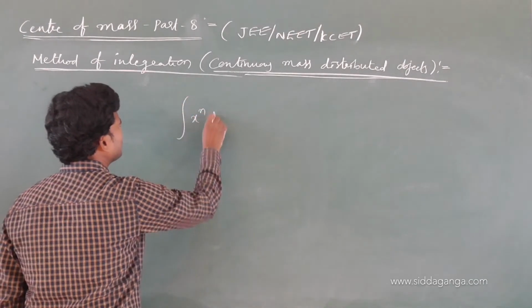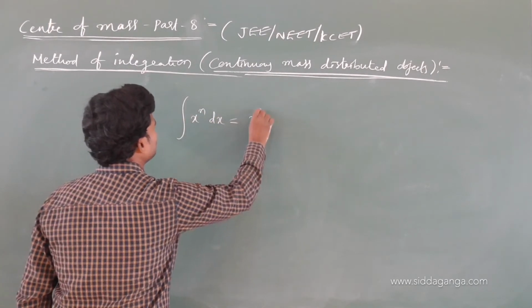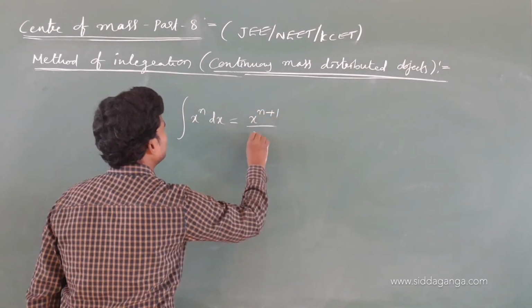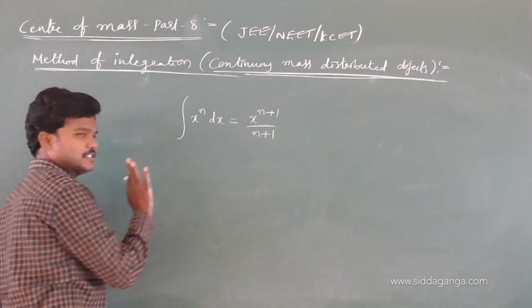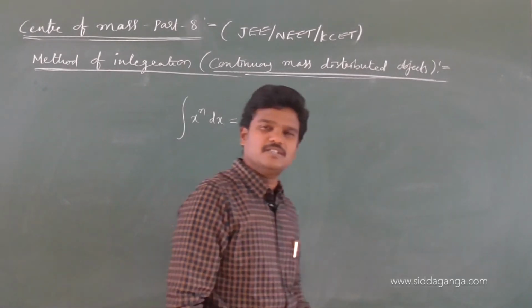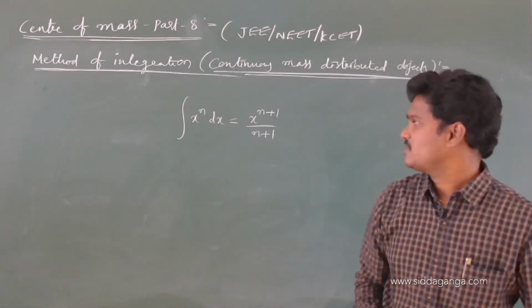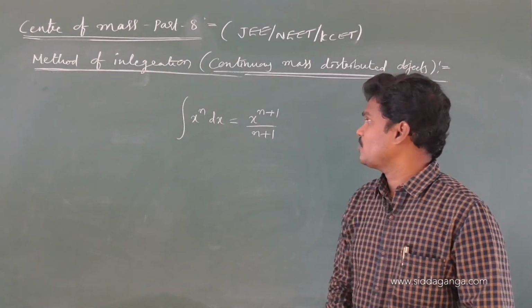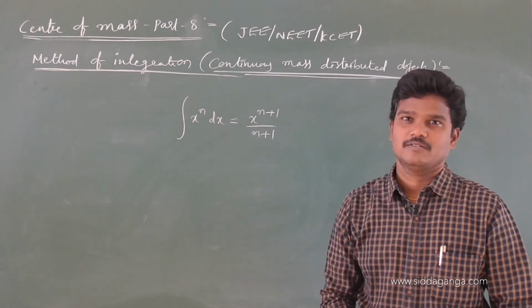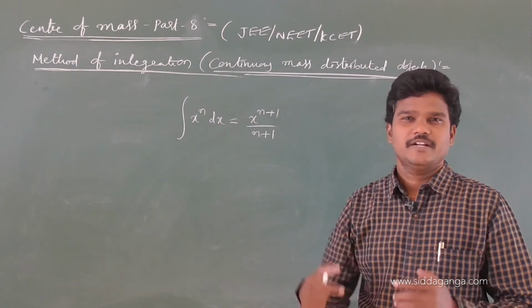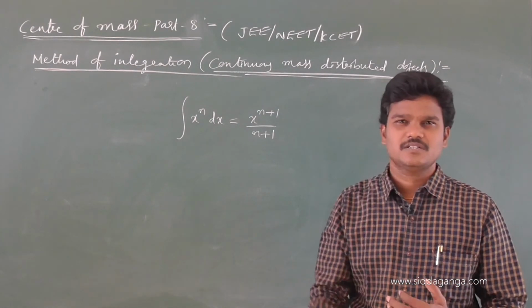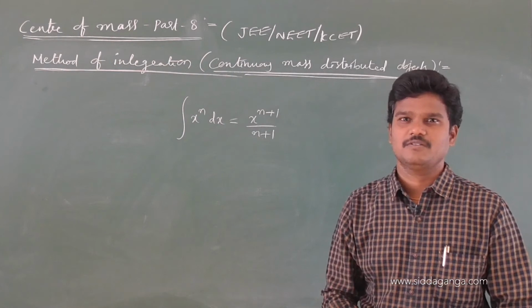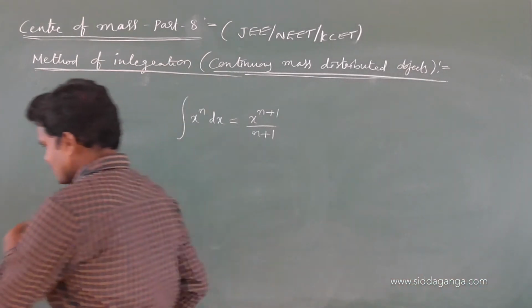Integration of x to the power of n dx is x to the power of n plus 1 by n plus 1. This is a very basic formula. Integration of sin theta becomes minus cos theta, and cos theta becomes sin theta; some formulas will come. I will use them based on the situation.